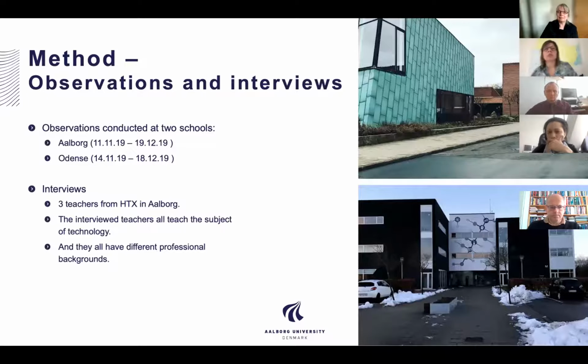We started being interested in this as I was doing observations at HTX in Aalborg for different reasons. I was trying to look at what kind of language or language games, what kind of concepts they use when teaching technology and technical science.